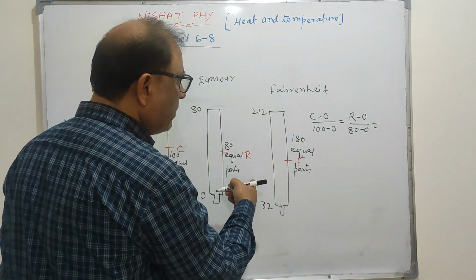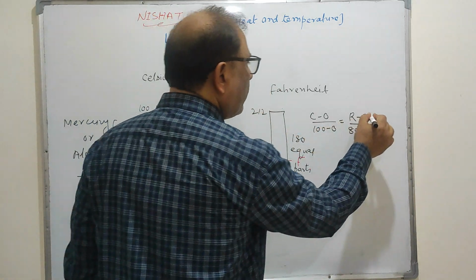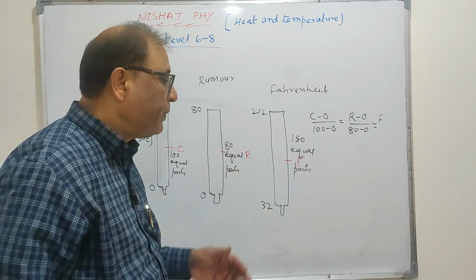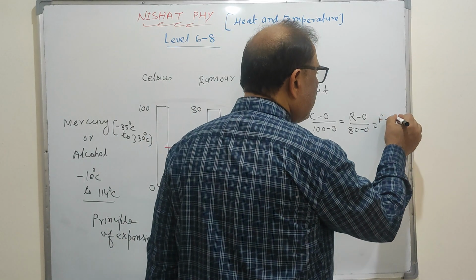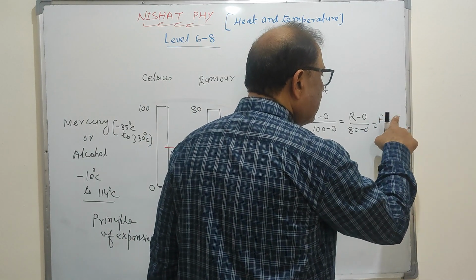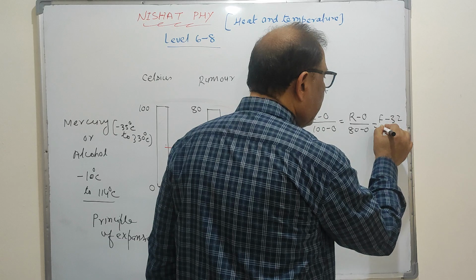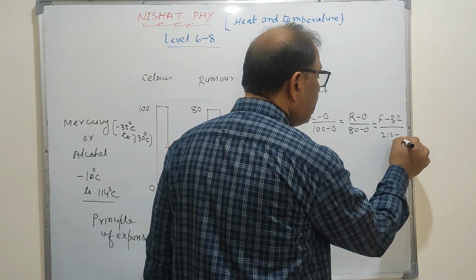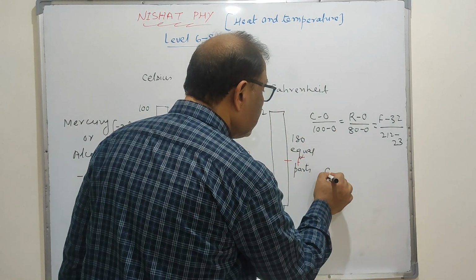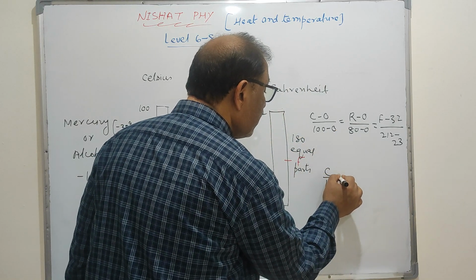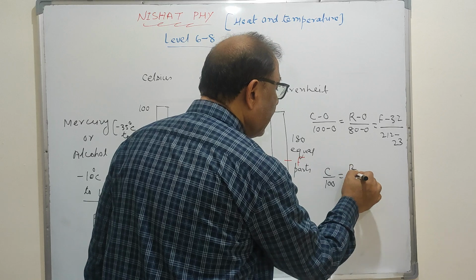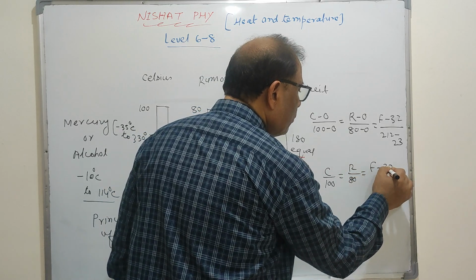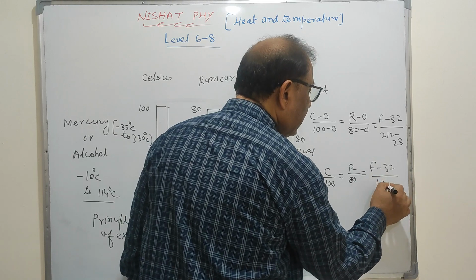Here this is F. So F, but here the minimum is not 0, the minimum is 32, so F minus 32, and the maximum is 212 minus 32. We get C upon 100, R upon 80, and F minus 32 by 180.